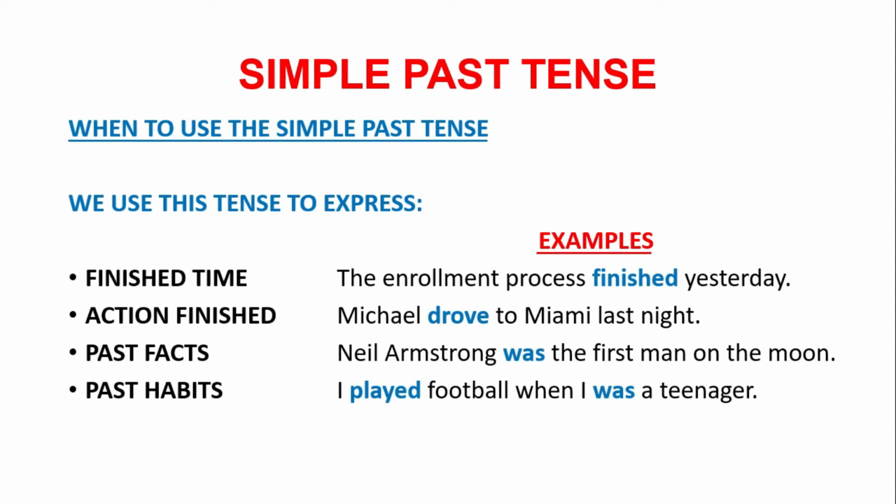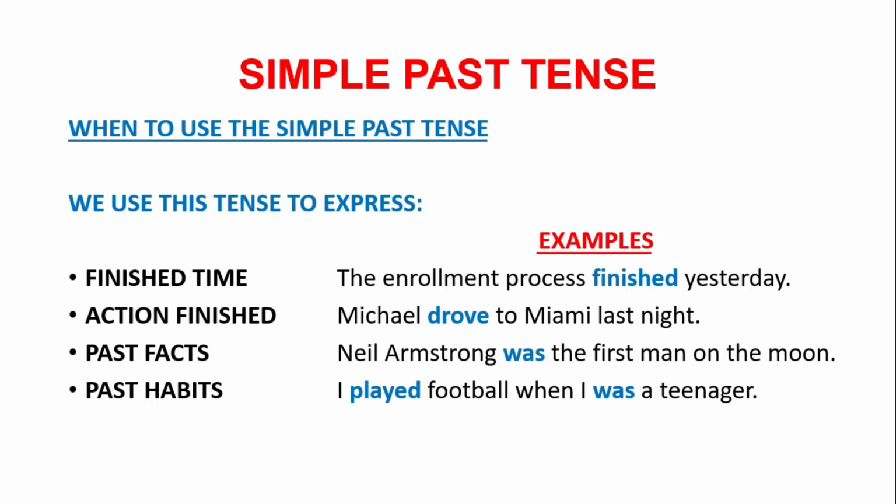We use the simple past tense for finished time. For example, the enrollment process finished yesterday. Action finished. Michael drove to Miami last night. Past facts. Neil Armstrong was the first man on the moon. Past habits.